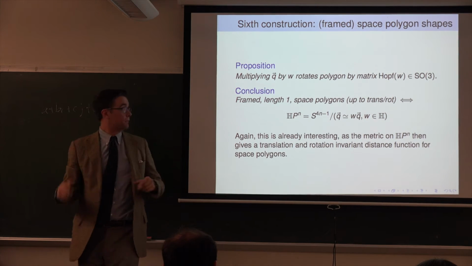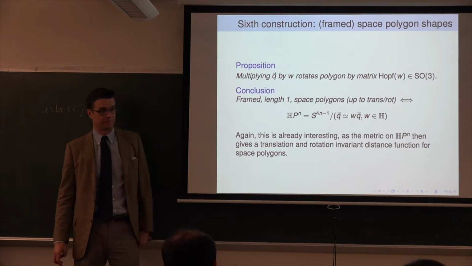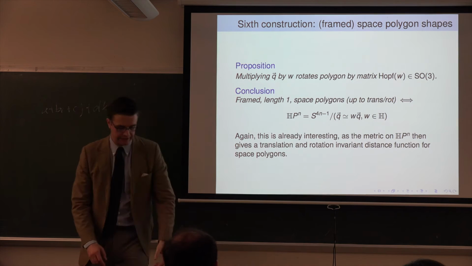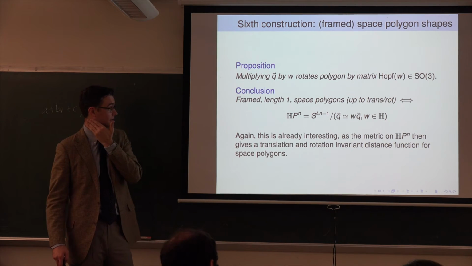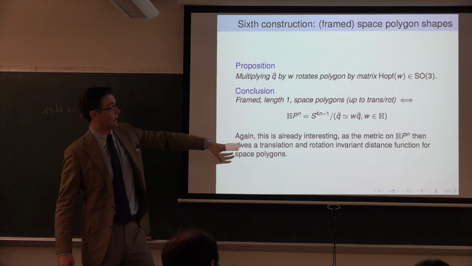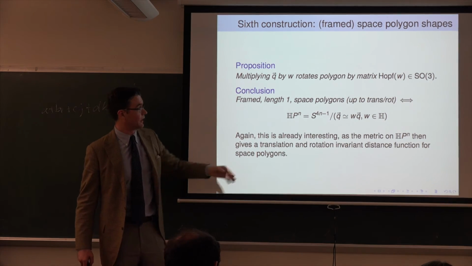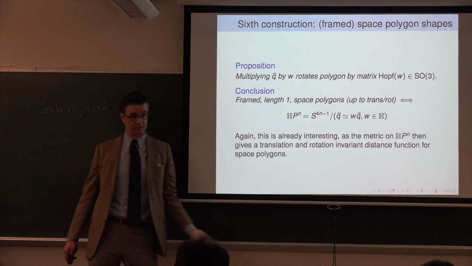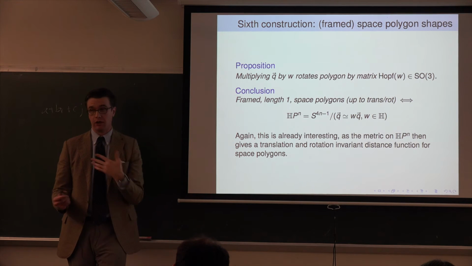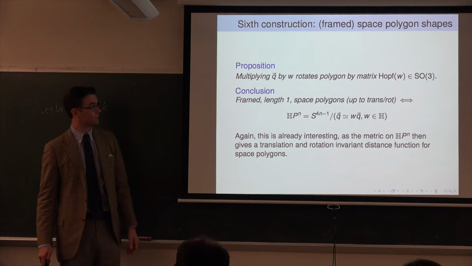And what you end up with is quaternionic projective space, again a really wonderful manifold that people know lots and lots about. If you want to answer questions about these framed random walks, you can just ask those questions in the appropriate language up in this quaternionic projective space, where you have lots of tools to try to answer them.